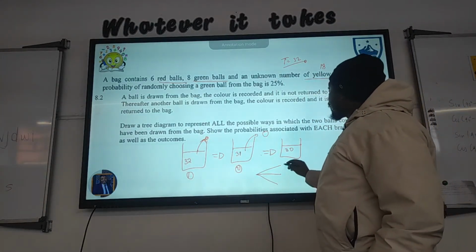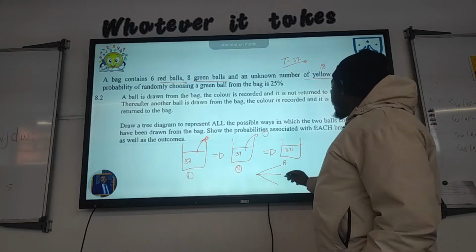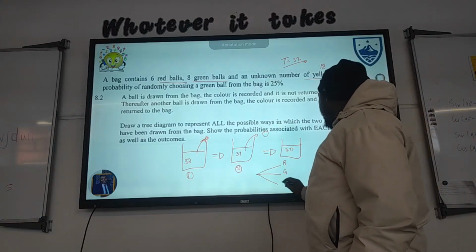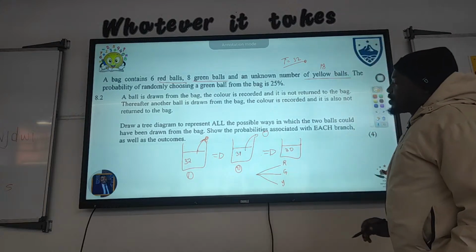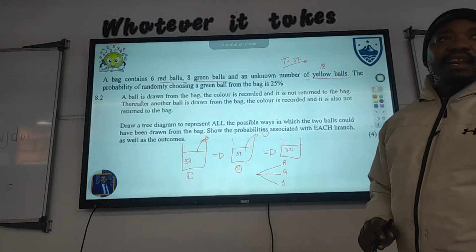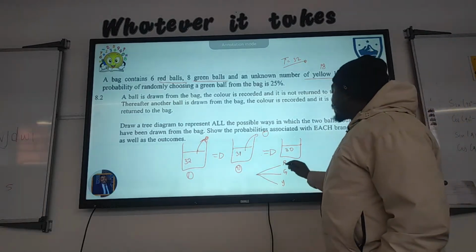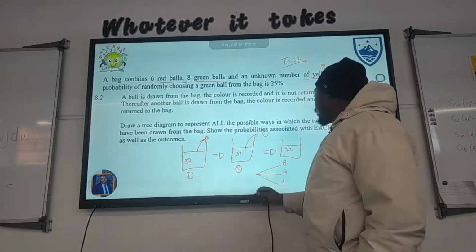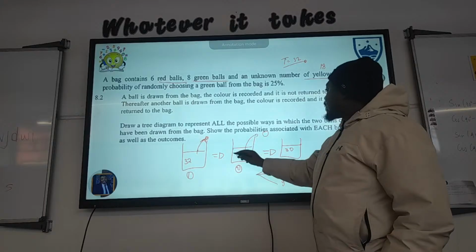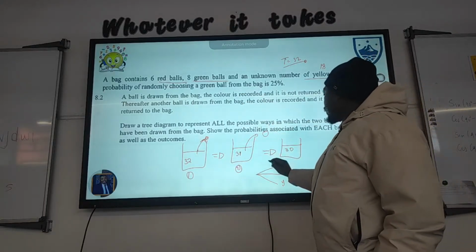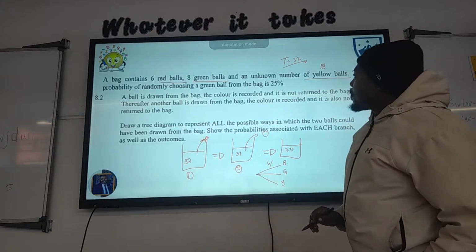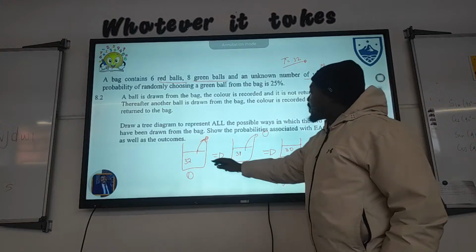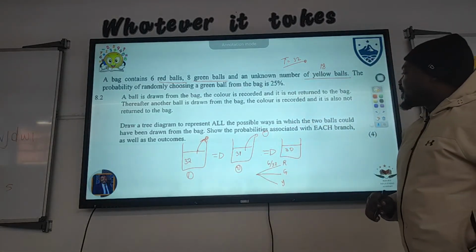The first one is red, the second one is green, and then yellow. Now the probability of me getting a red ball: in the first scenario, when I was drawing the first ball, I had 6 red balls, out of how many balls in total? I had 32 balls.